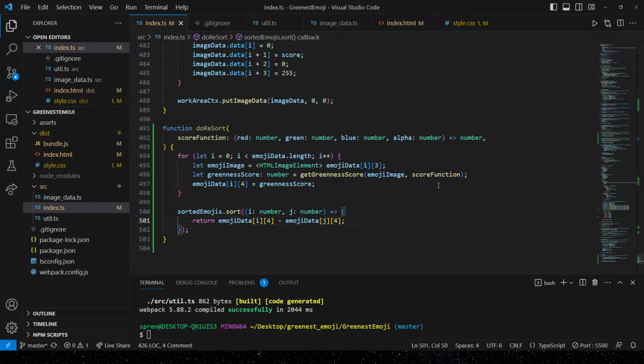Okay. Now the indices are in the order that they're supposed to be in. But the HTML elements themselves are not up to date with this new reality.